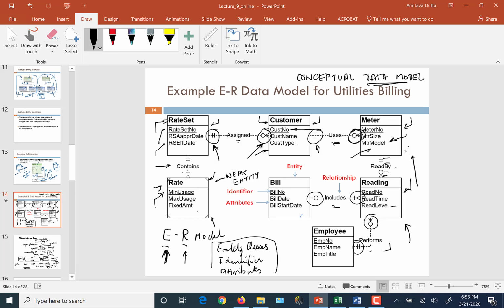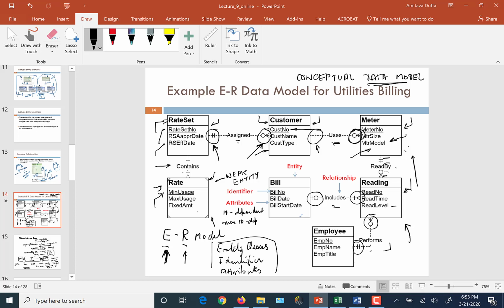And also the connection between the two, the entity rate set and the weak entity called rate, is by a continuous line, because if you recall, for a weak entity there are two variations. One is ID dependent, and the other one was non-ID dependent.